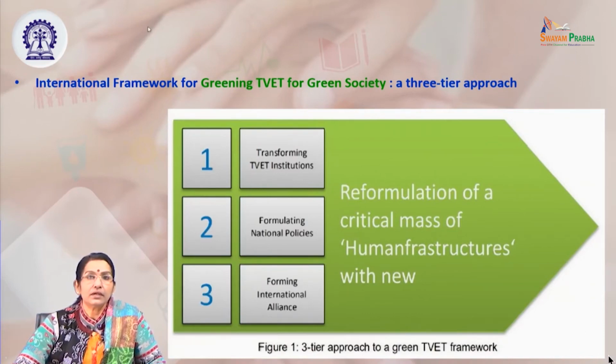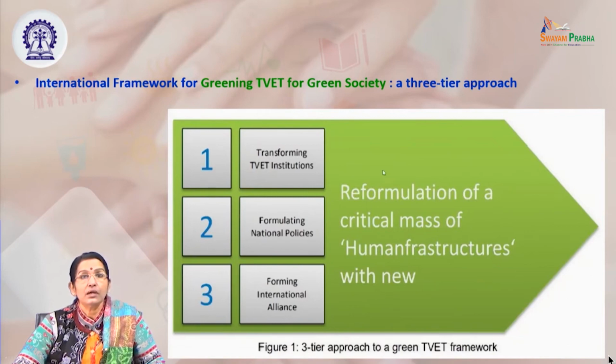This is called the 3-tier approach for the green TVET framework, that is, reformulation of a critical mass of human infrastructure with a new approach. When we are talking about infrastructure, now it is human infrastructure. With the new approach, first is transforming the TVET institutions.